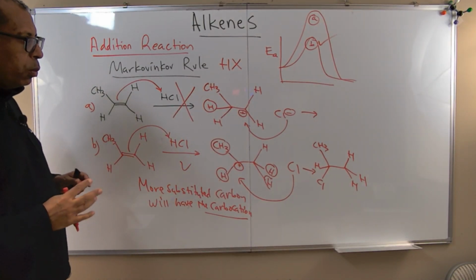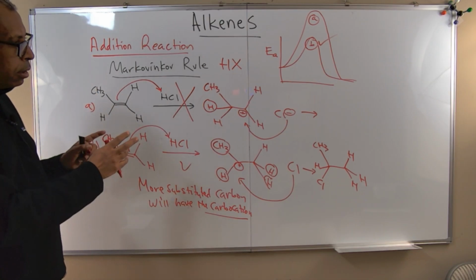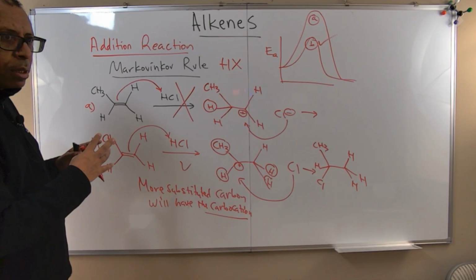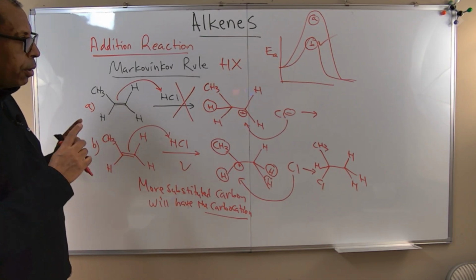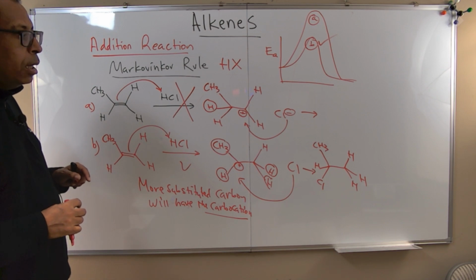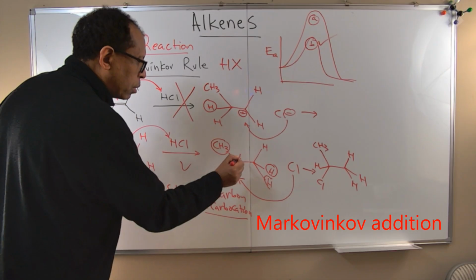So this is one thing we should know. Markovnikov rule states that the addition of a hydrogen chloride or any HX preferably puts the halide on the more substituted carbon, because that more substituted carbon generates a more stable carbocation.